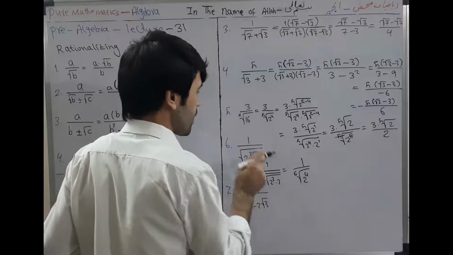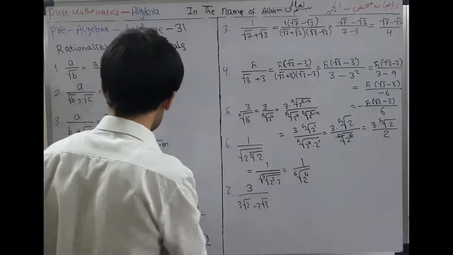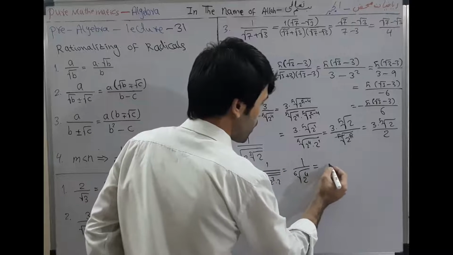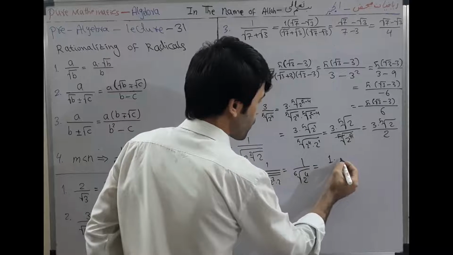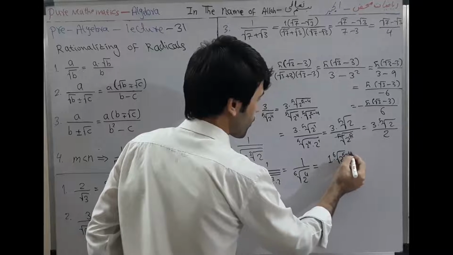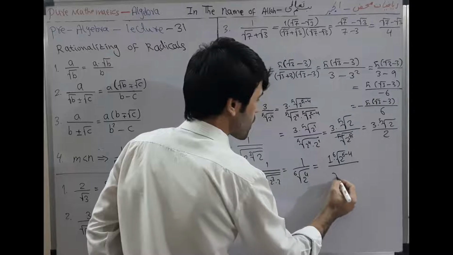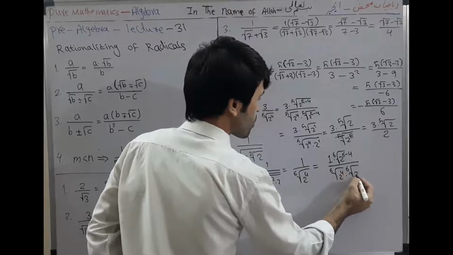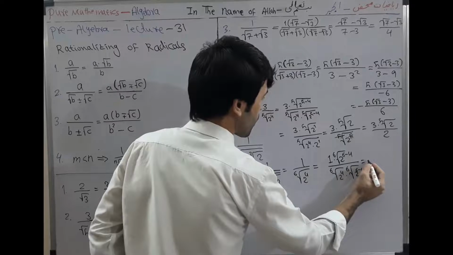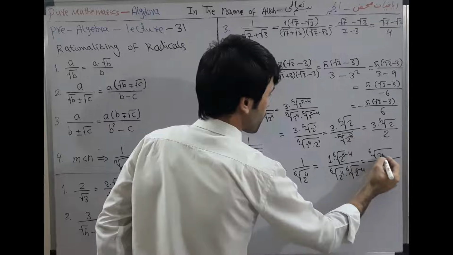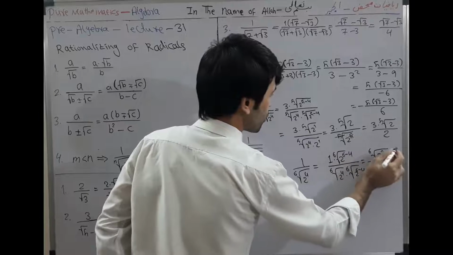Now we use this formula. We can write it is equal to 1 multiplied by the 6th root of 2 to the power 6 minus 4 over the 6th root of 2 to the power 4 into the 6th root of 2 to the power 6 minus 4. It is equal to 1 multiplied by the 6th root of 2 to the power 6 minus 4, which is 2 to the power 2.